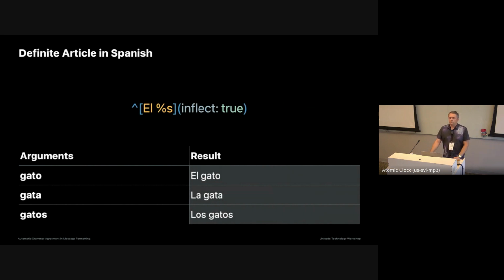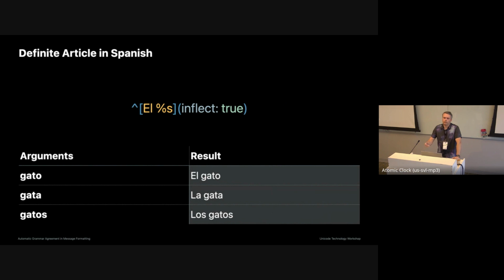Going on, if I want to inflect a definite article in Spanish, in this scenario, I just put the definite article L. There are 4 definite articles I can choose from: masculine singular, feminine singular, masculine plural, feminine plural. In this example, if I just give the argument gato, which is the word cat in Spanish, I could get el gato.